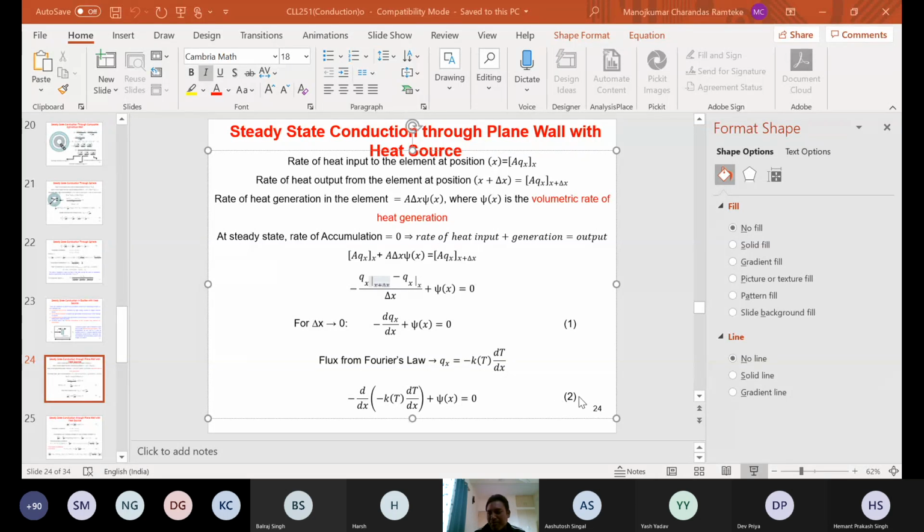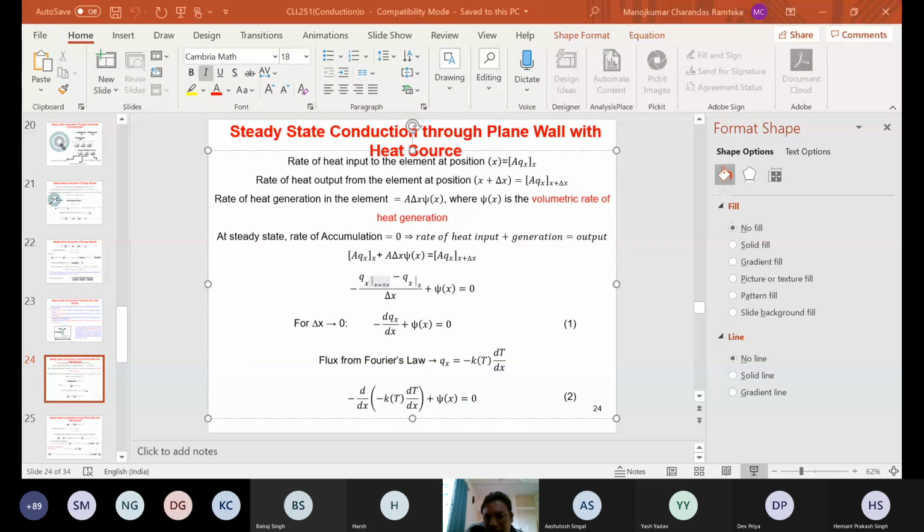If you put everything in this equation, the generalized equation we get is d by dx of minus k(T) dT by dx, plus psi x equals 0. Here k(T) is a function of temperature and psi x is a function of x. So this equation number 2 is a generalized expression.